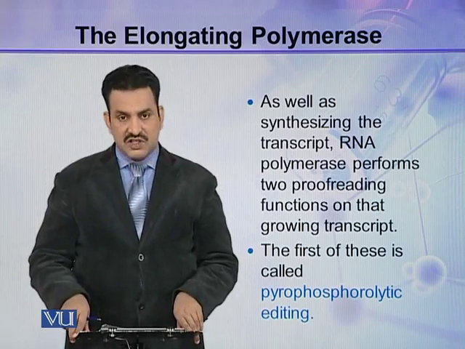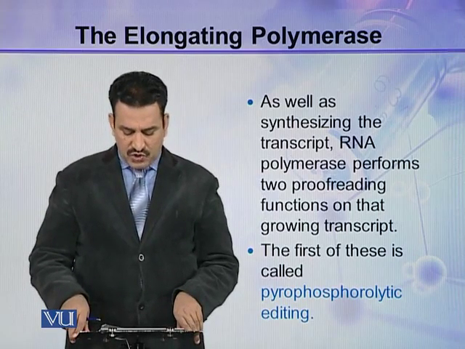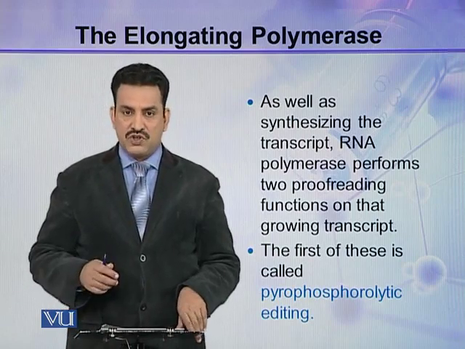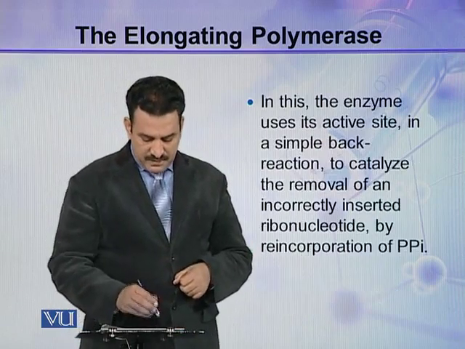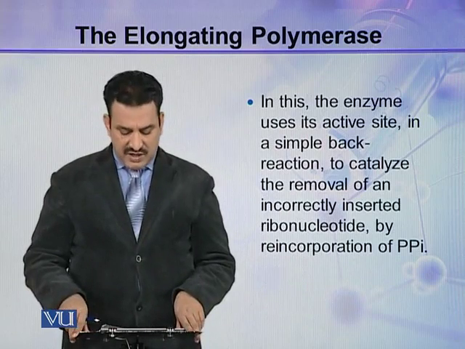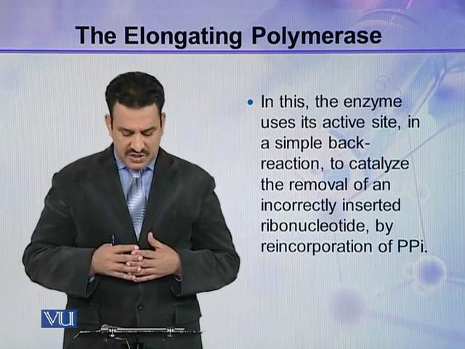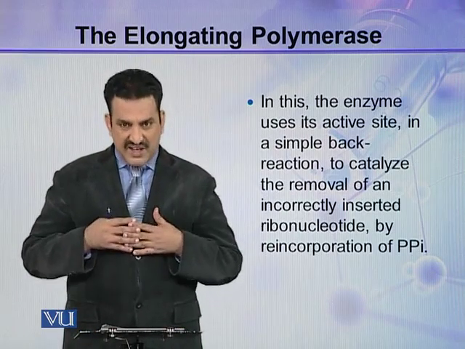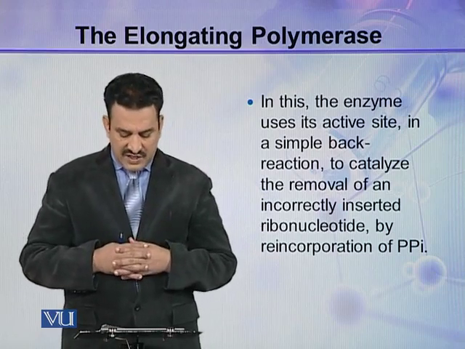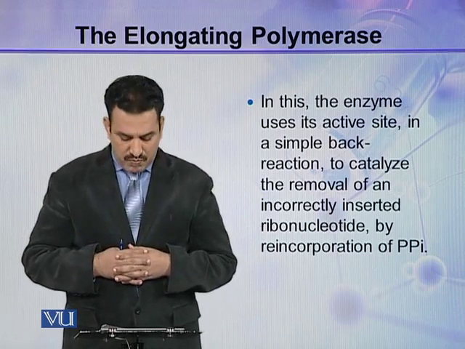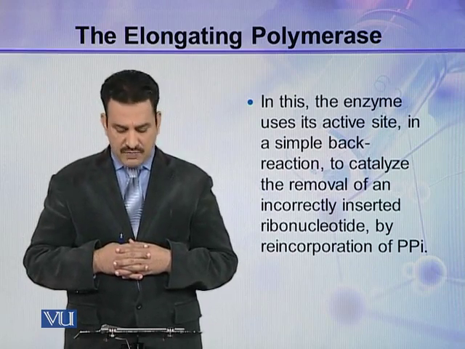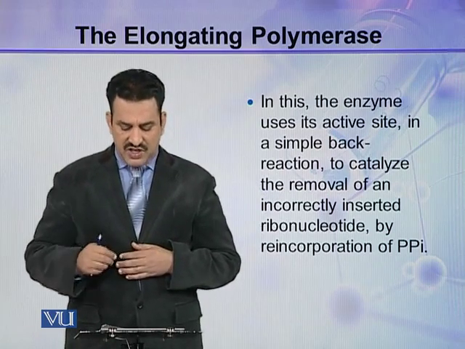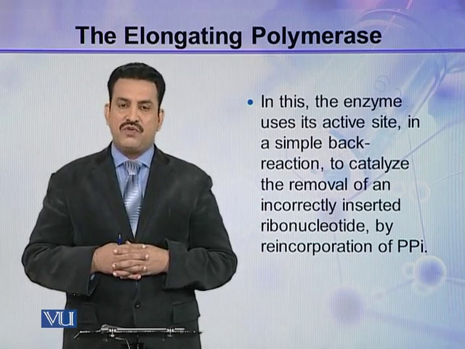The first of these is called pyrophosphorolytic editing. In this, the enzyme uses its active site in a simple back reaction to catalyze the removal of an incorrectly inserted ribonucleotide by reincorporation of pyrophosphate.